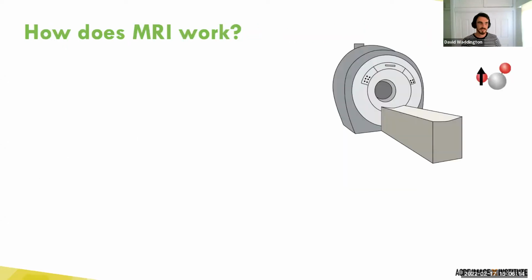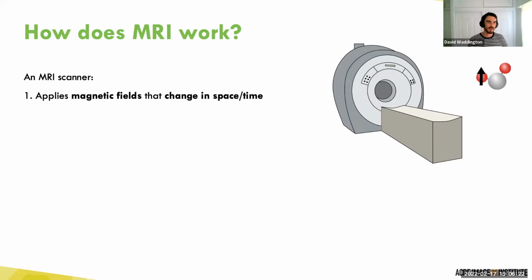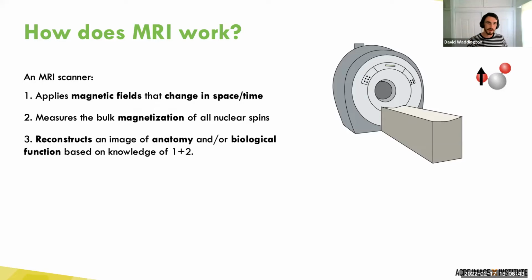So, how does MRI work? Now we know we have these sensors and we want to try and learn things about the body. We want to take an image. So let's break it down into a few things. We have this MRI scanner, a little cartoon of which is shown here, and this generates all sorts of magnetic fields that change in space and time. What we do is we measure the magnetization of all those spins, all these nuclei.